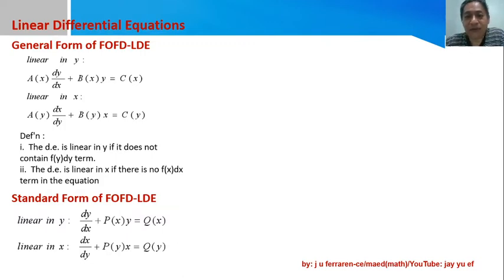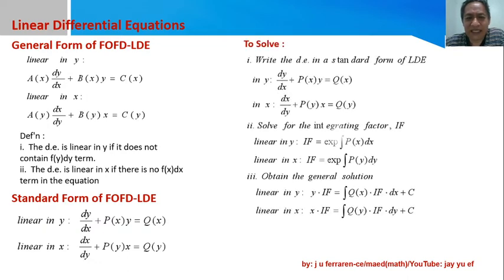Now, how to solve? We are given a summary here on how to solve. You have to write the DE to follow the standard form of a linear DE, which is this one. After writing the equation in standard form, we can proceed with the integrating factor. If it is linear in y, the integrating factor is the exponential of the integral of P of x, which can be taken from the standard form, integrated with variable x.